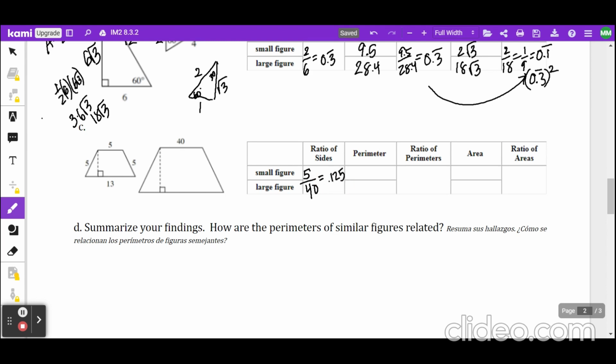And in order to find the perimeter, we simply add all the sides up.